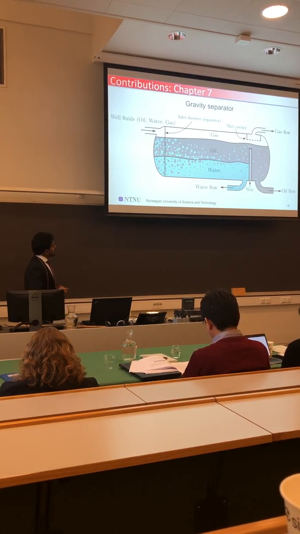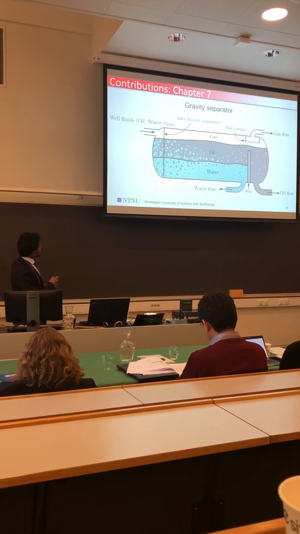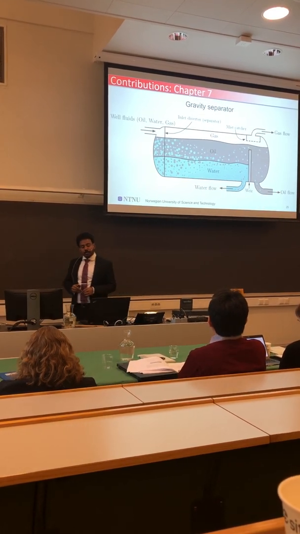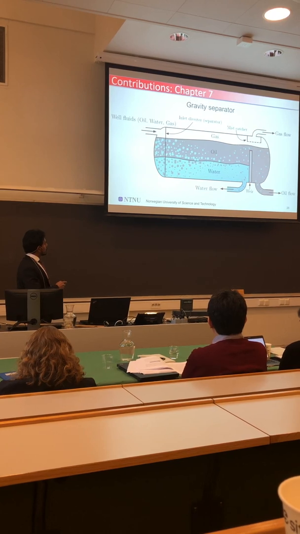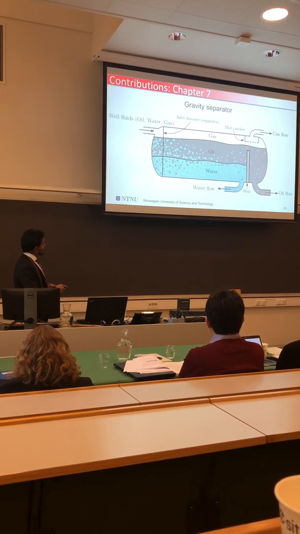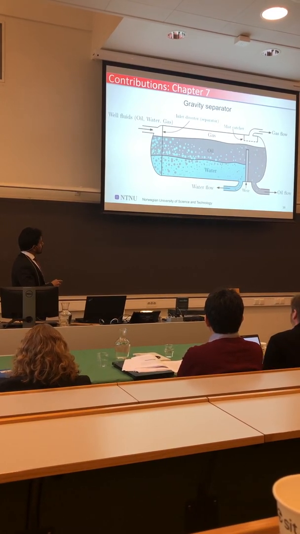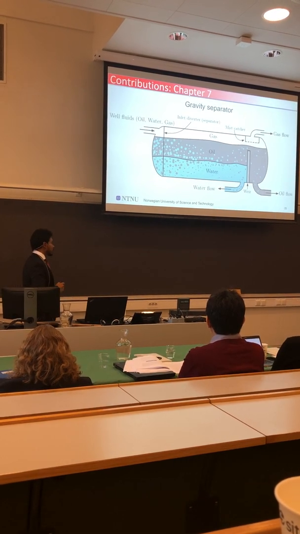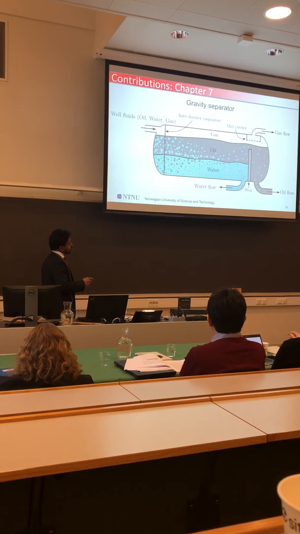So first, for those of you who don't know what gravity separation is, we have well fluids containing a multi-phase oil, water, and gas coming into the separator. There is an initial separation that happens in this part, and then we see a layer of oil forming, a layer of water forming. There is some dispersed water still remaining in the oil, there is some dispersed oil still remaining in the water, which gradually moves upwards and downwards based on the densities.